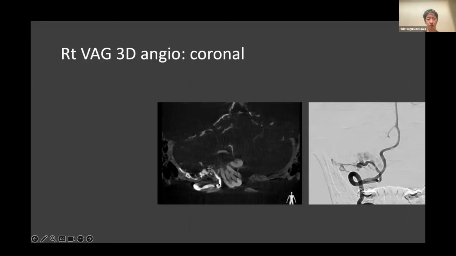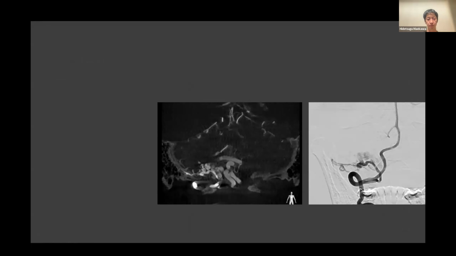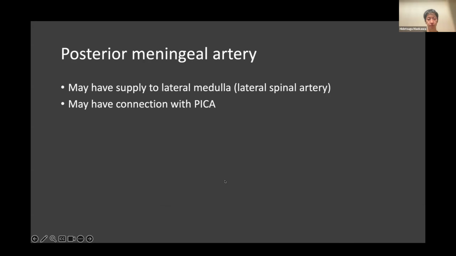And on coronal image, you can see that the posterior meningeal artery enters the posterior fossa through the foramen magnum, and then supplies the fistula. The posterior meningeal artery is known to have supply to the lateral medulla. It may have supply to the lateral medulla, and also it may have connection with the PICA.